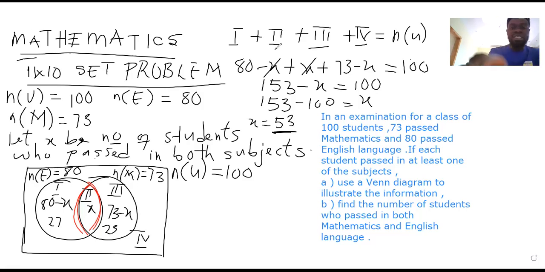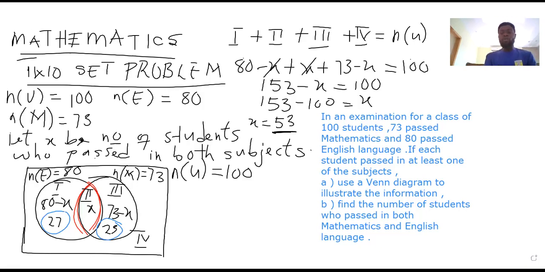So exactly one subject, or only one subject, will be those who pass in English only, that is 27, plus those who pass in mathematics only, that is 23. These are some of the questions that they can ask.